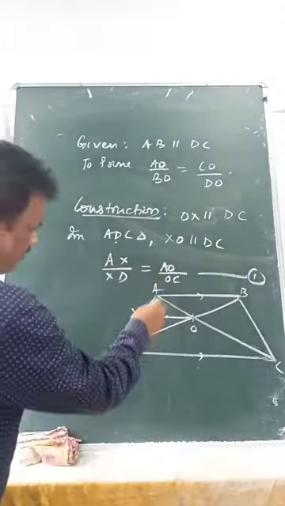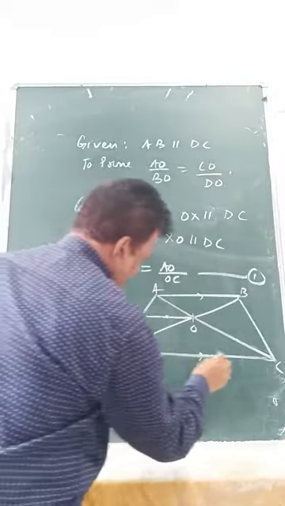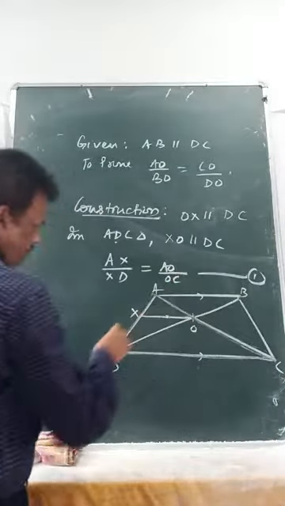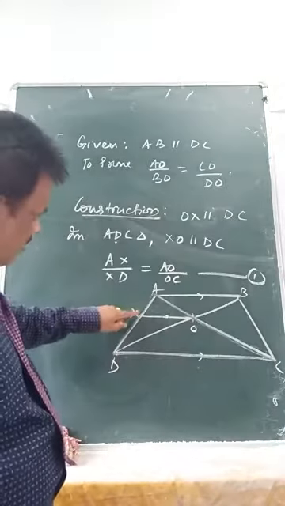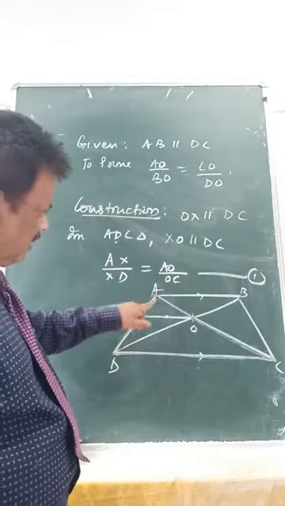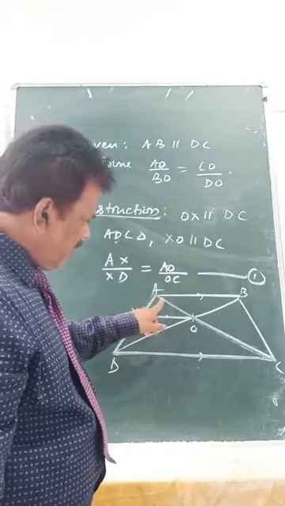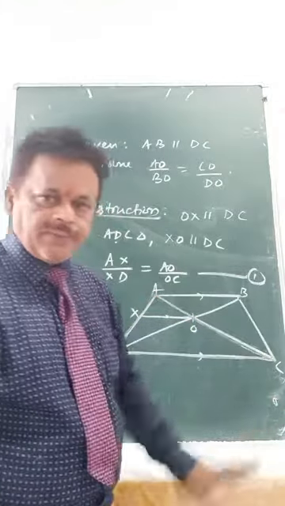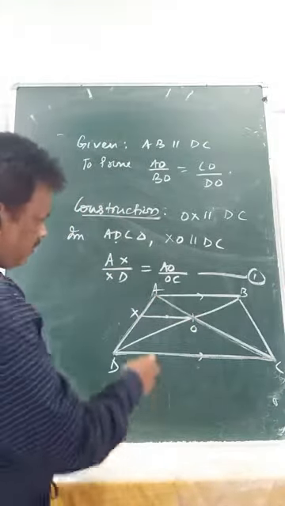Which triangle did I take? I got AX by XD equals AO by OC. Okay, now look again.